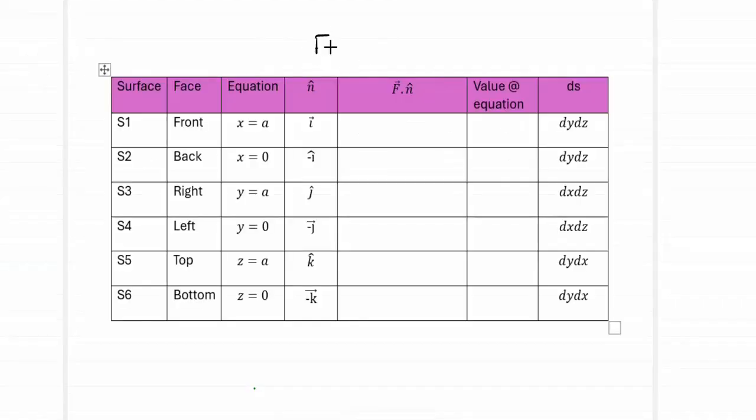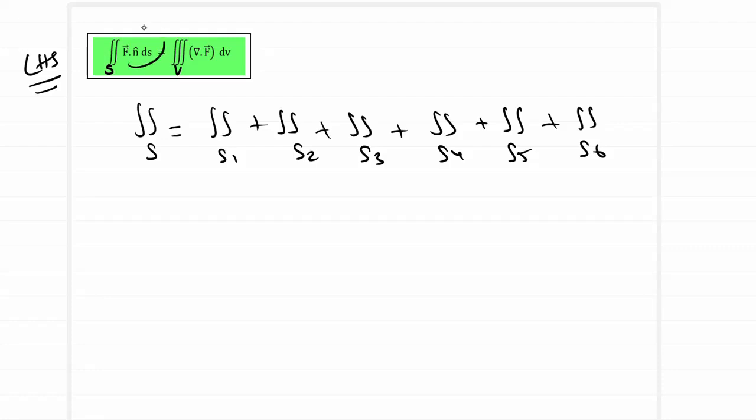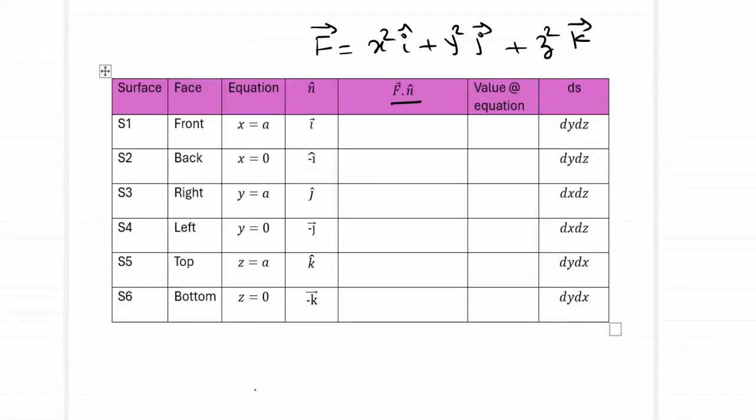What is my f vector? My f vector is x square i vector plus y square j vector plus z square k vector. Why do I need to write it? Because over here the integration has to be carried out with respect to f dot n cap ds. So I need to multiply this f vector with my n cap vector.